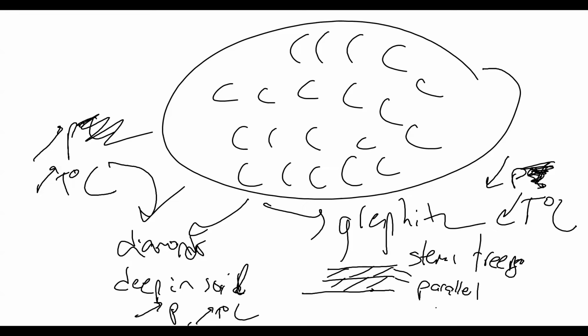Okay, now we're going to speak about ice. It's super easy. It's a repetitive unit. So graphite and diamond are repetitive units of carbon. We are speaking about crystals.